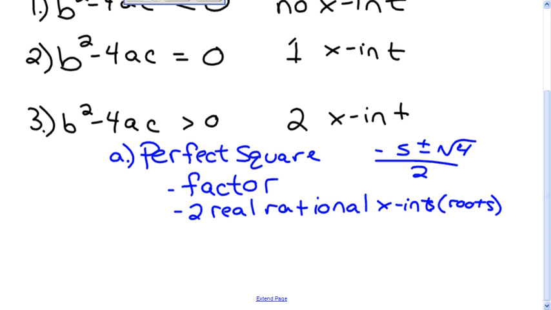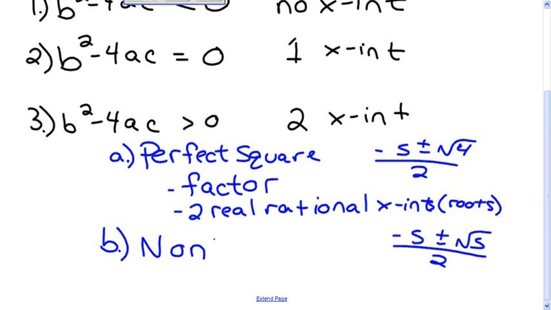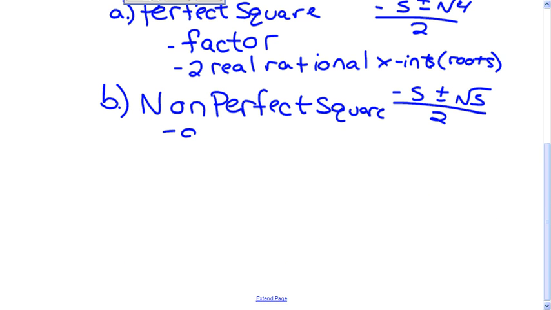They are rational. However, if b squared minus 4ac is not a perfect square, so say it's 5, so it'd be -5 plus or minus the square root of 5 over 2. If that's the case, then this is a non-perfect square, and you are going to have to do the quadratic formula.